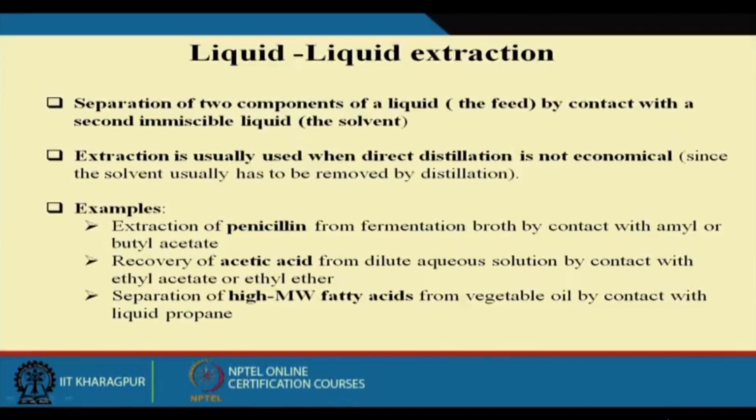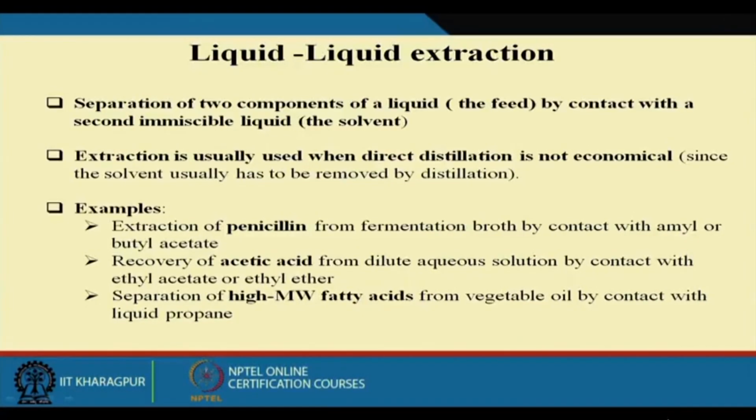used where the partition coefficient of the two liquids is different. For example, with respect to a particular solute it will be different. As an example, I can tell you, in the case of penicillin separation process, we use butyl acetate as a solvent.